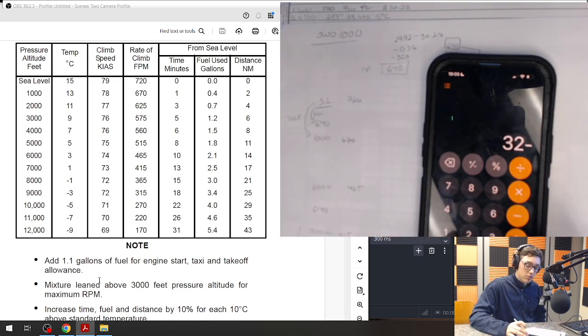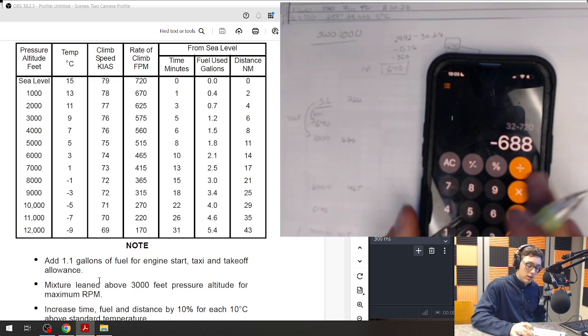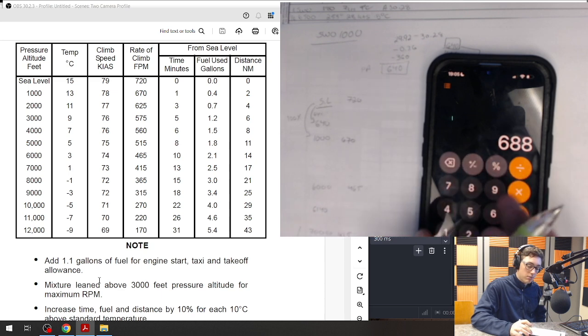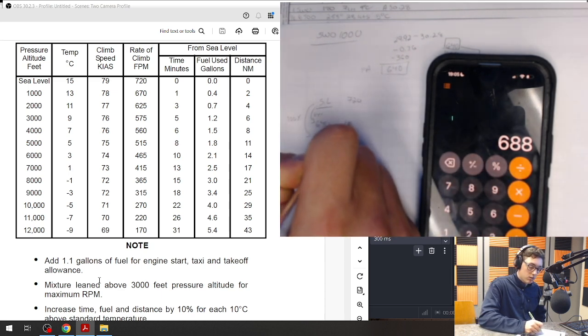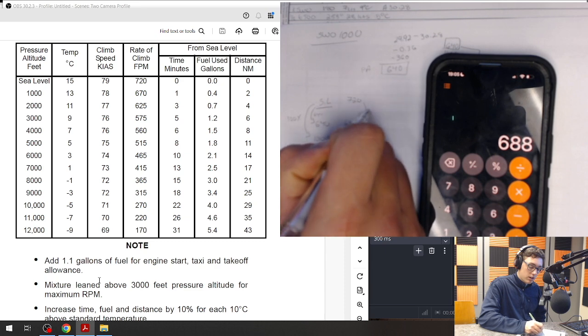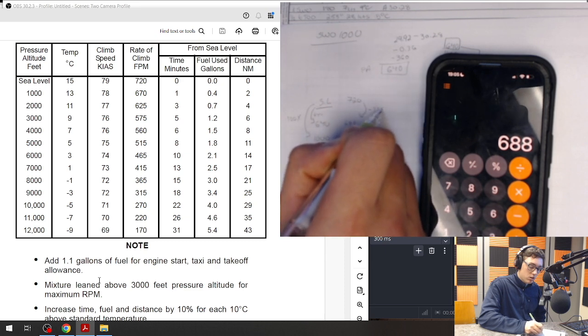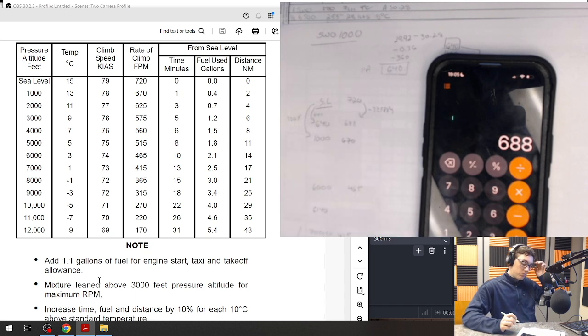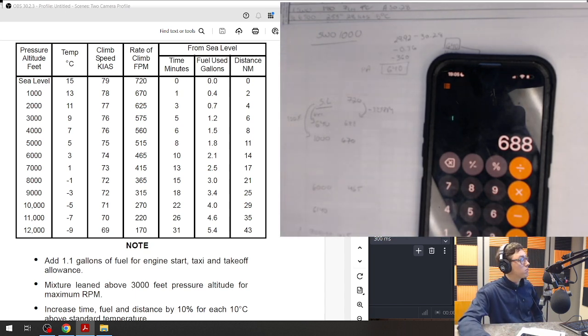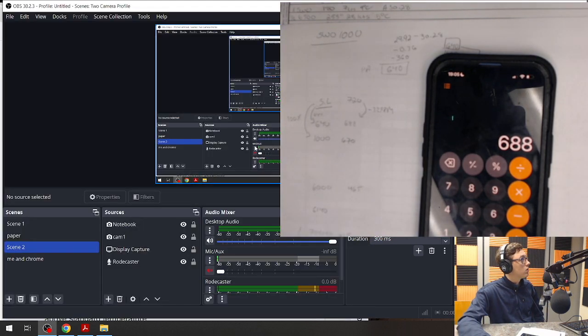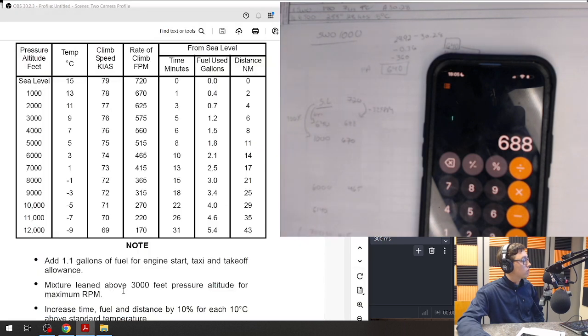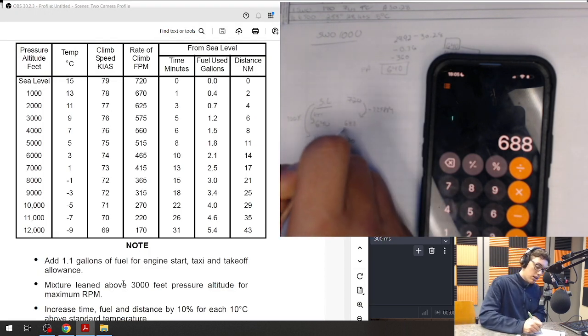So I'll subtract that from 720, and I'll get 688. I subtracted 32 feet per minute to get 688. Moving along, let's do the same thing for the next one: 68 feet per minute.